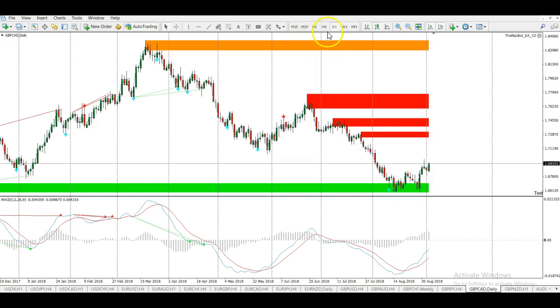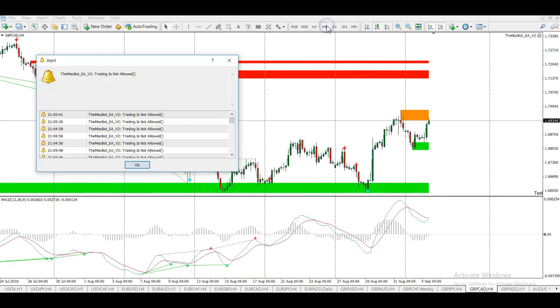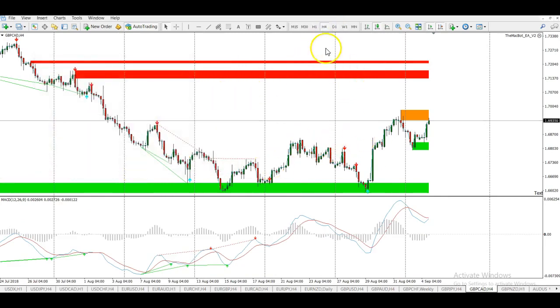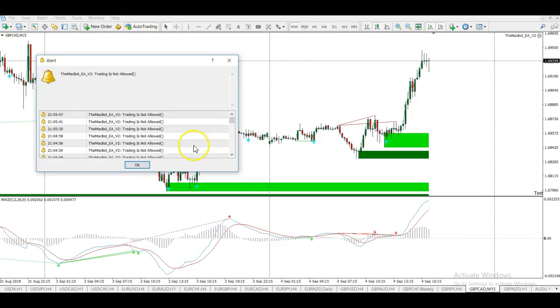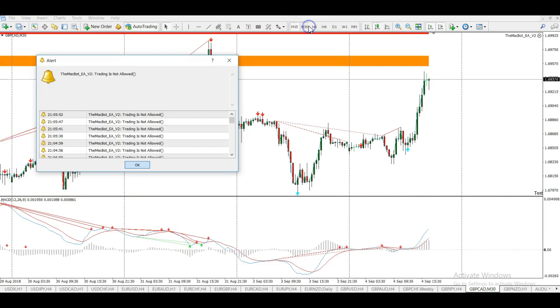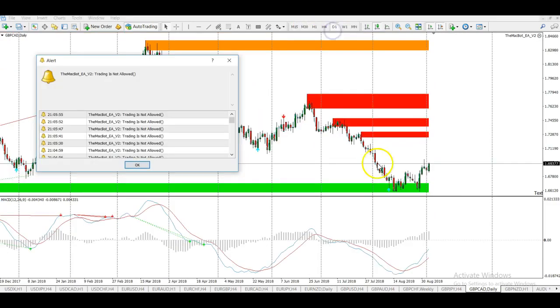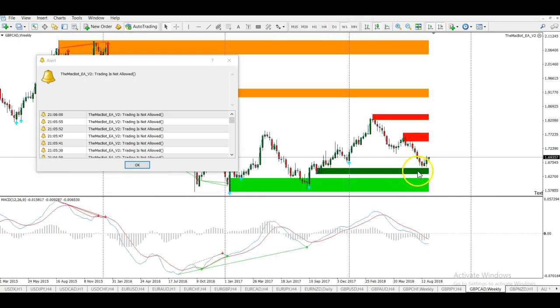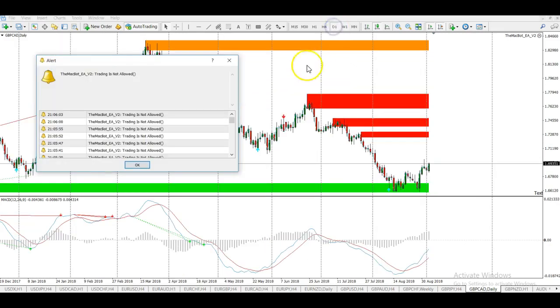British pound CAD daily, just pushing up higher. We're at a 4-hour area here. Now, just look at price action in the lower time frames first. Nothing really happening there, so this is likely to pump up higher because we are coming out of this weekly area, so I wouldn't be looking to trade against that.